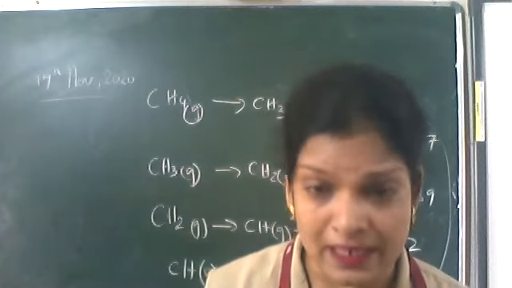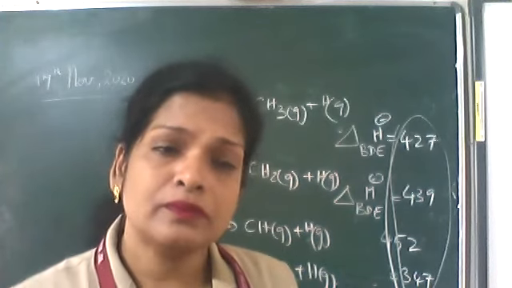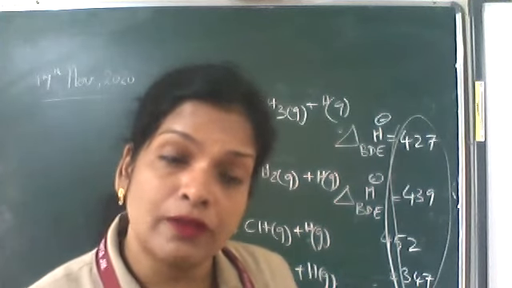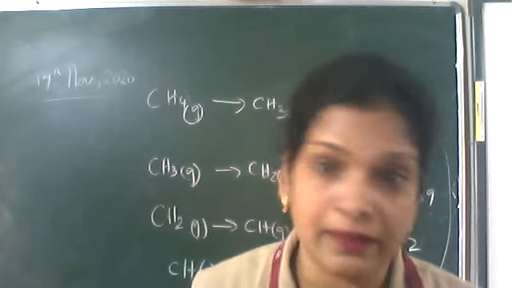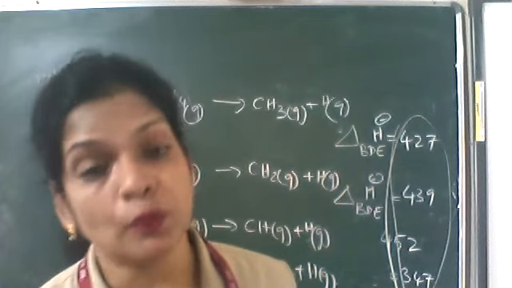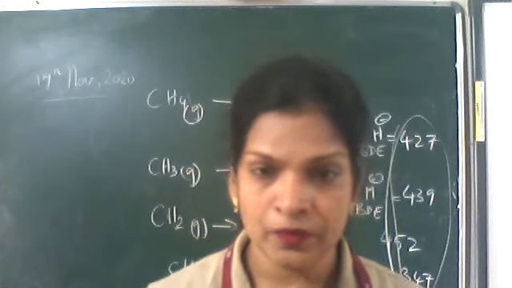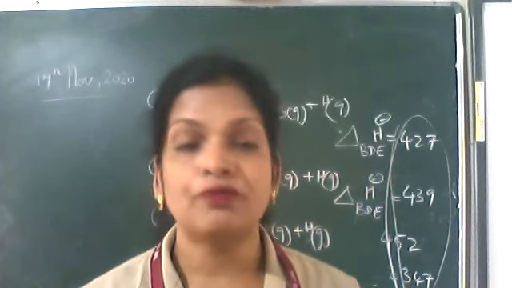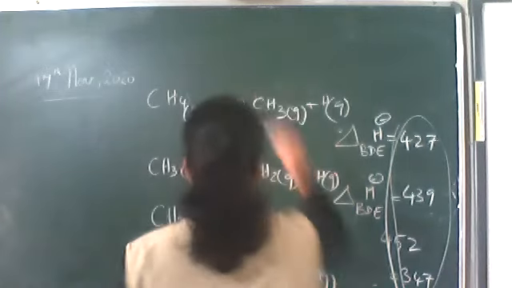To break a single bond, and to break a double bond, you have to supply more energy to break a double bond. If it is a triple bond, again triple attraction, you have to supply again more energy to break a triple bond. For example, O double bond O, 498.